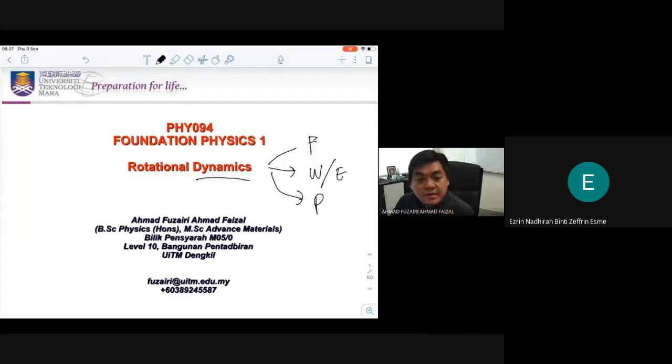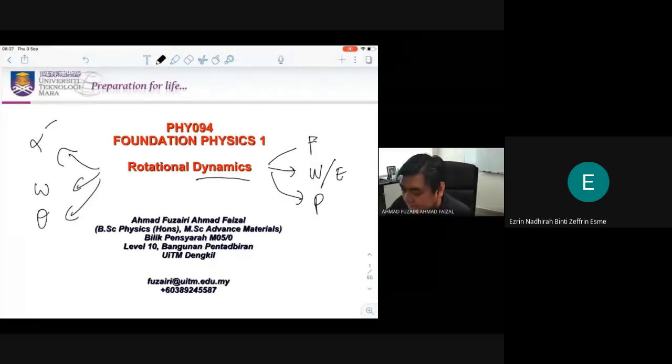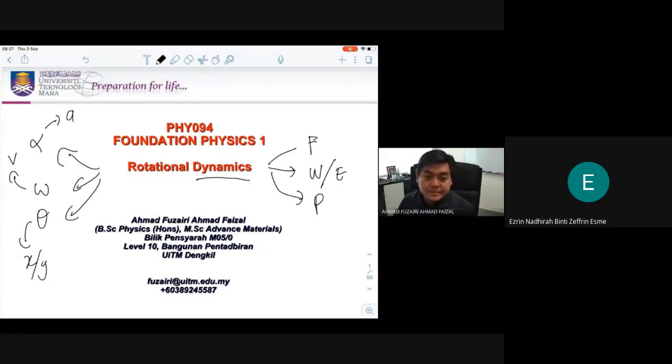This also involves rotational motion. As we know, rotational motion comes with alpha, omega, and theta, because alpha is comparable to a, omega is comparable to v, and theta is comparable to x or y.